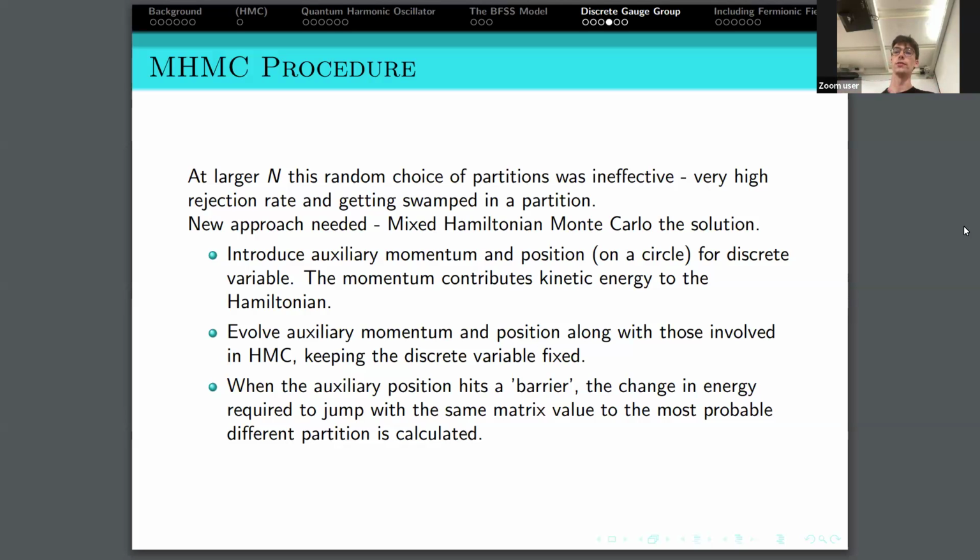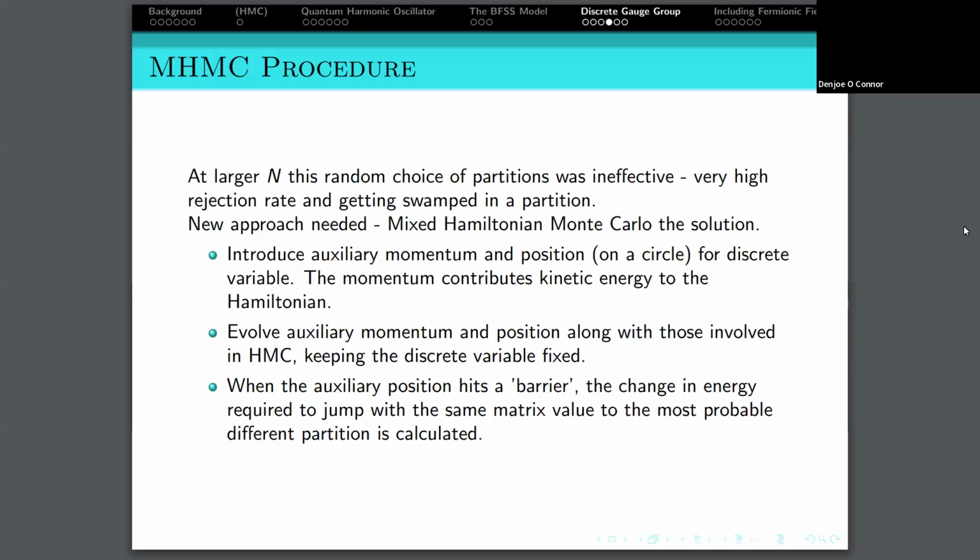So now we've got something to walk around in a continuous space that correlates somehow to the discrete variable. We give a kinetic energy term to the auxiliary momentum, and we take a constant potential energy in terms of position. So we evolve this auxiliary momentum and position along with the normal position and momentum of the actual matrices.